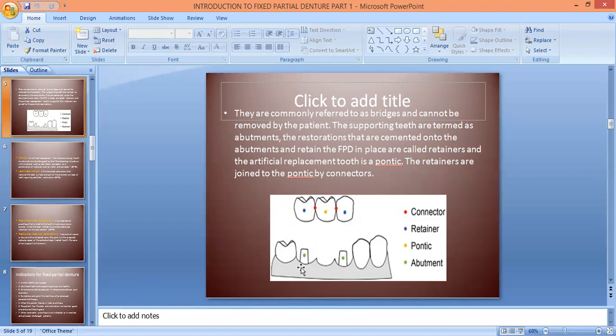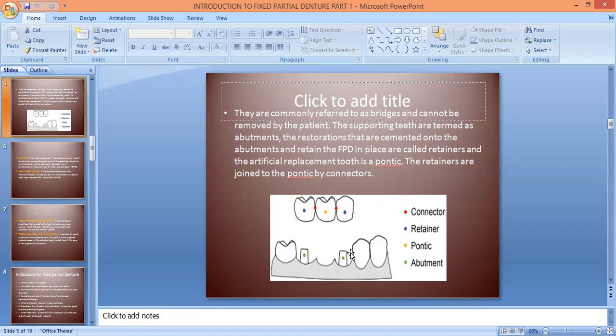The supporting teeth are termed as abutments. In this picture, as you can see, these are the abutments and the area in the center is where the tooth is missing. The restorations that are cemented onto the abutment and retain the FPD in place are called the retainers.